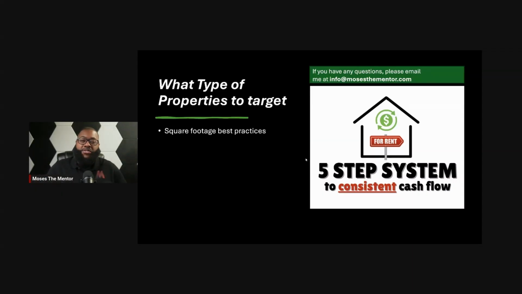So you want to make sure that you buy the sweet spot. In my particular market where I invest in Cleveland, I can get a three-bedroom, one bath for about 1,300 square feet, and it works perfect for a small family, right?